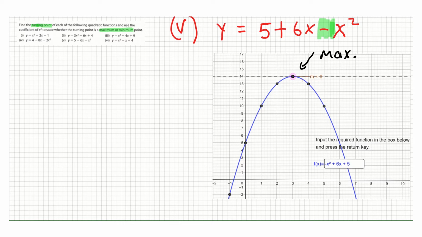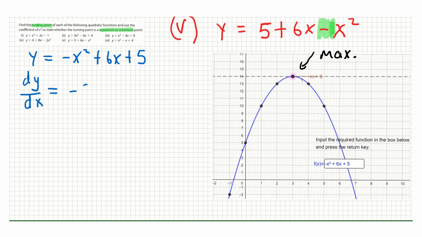Okay, so our function, which can be written either way, minus x squared plus 6x plus 5, nothing has changed, just the order. And the first step is to differentiate, because dy/dx is the slope of the tangent.